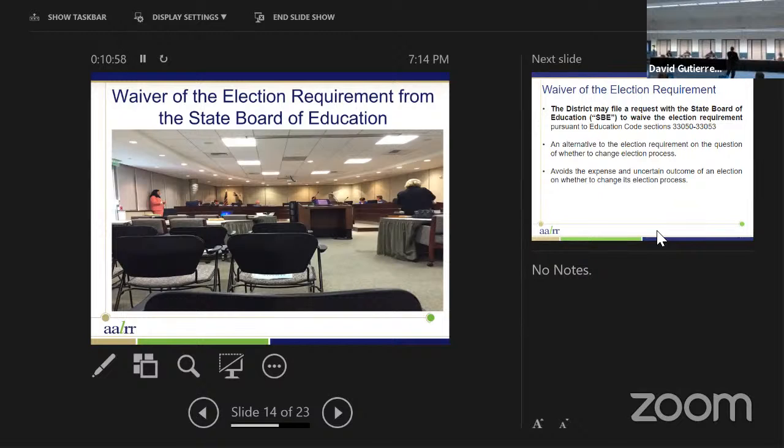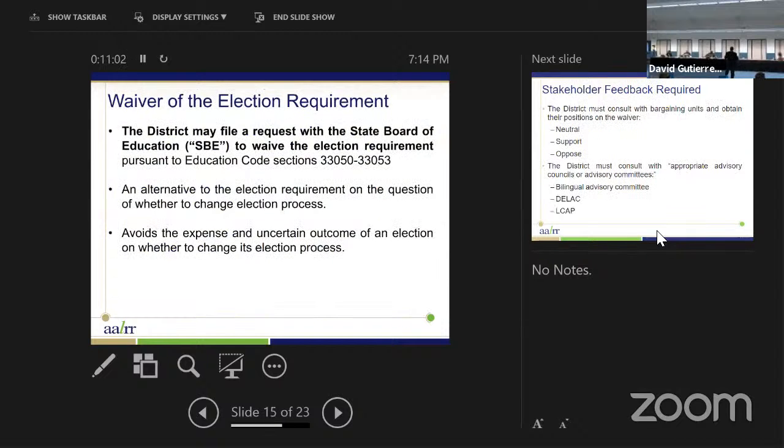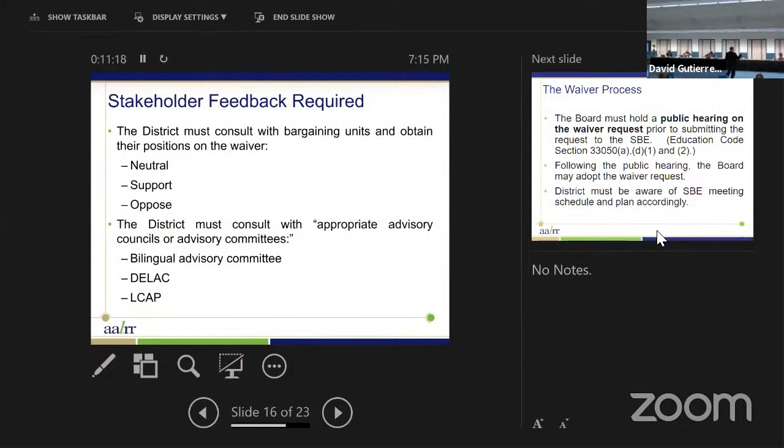I don't know if we've had one yet that's been rejected for the waiver. So once we get the waiver, we avoid the uncertainty of what happens in an election, and we avoid the cost of putting it on an election, which has its own costs. After all of that, the waiver is approved, and lo and behold, you'd be a trustee area.